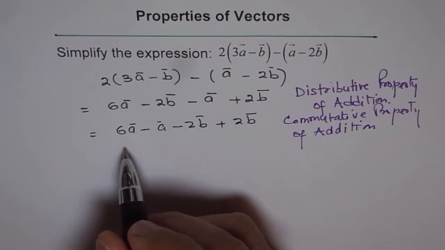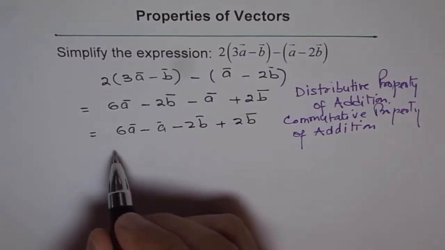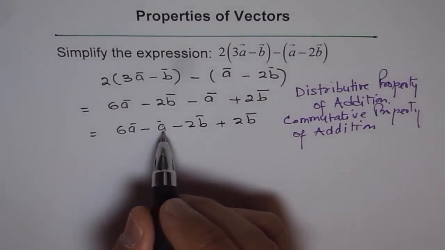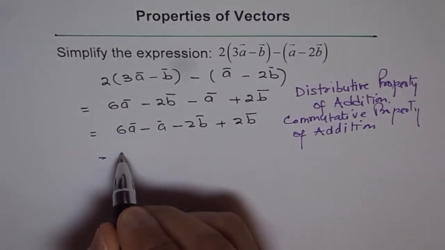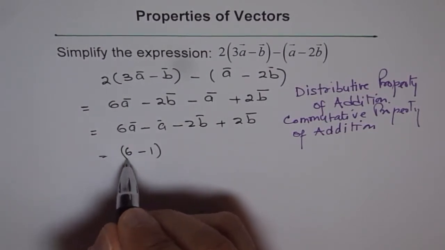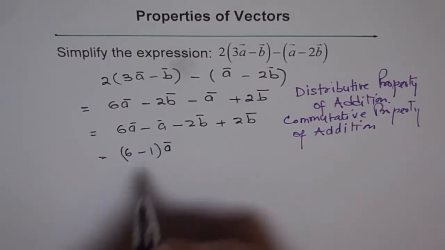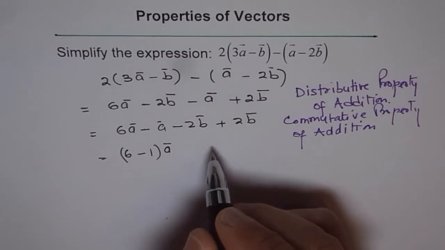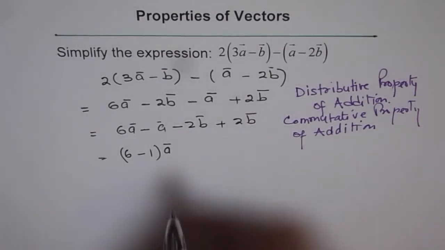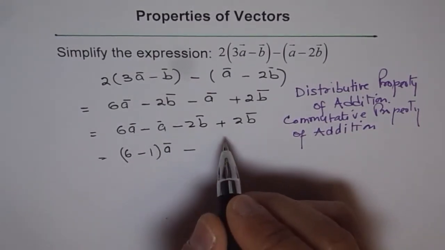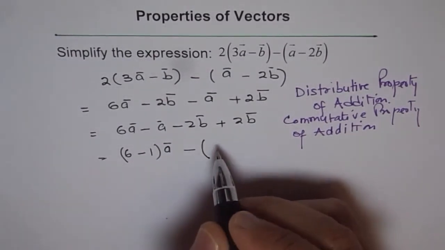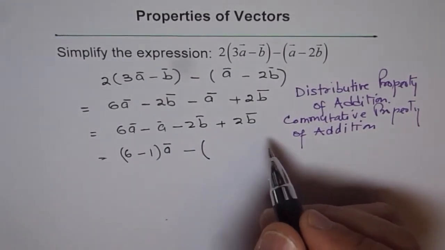And now we are going to combine it. If we factor out a, we get 6 minus 1 times vector A, and here we can factor out 2 times B also, right?